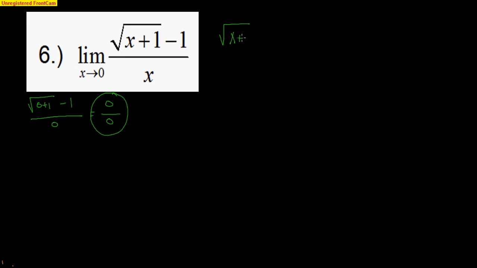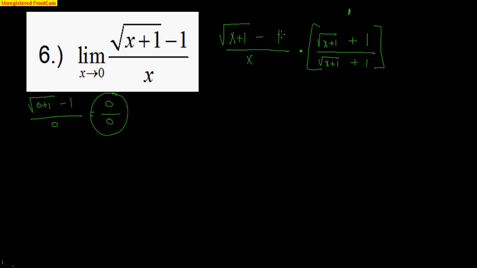I'm going to take my current function, and I'm going to multiply by the conjugate of the square root. So the idea here is I want to multiply this guy by 1. So I don't really want to change him, but I want to multiply by the conjugate. All I'm going to do is multiply by the square root of x plus 1 plus 1, divided by the square root of x plus 1 plus 1.